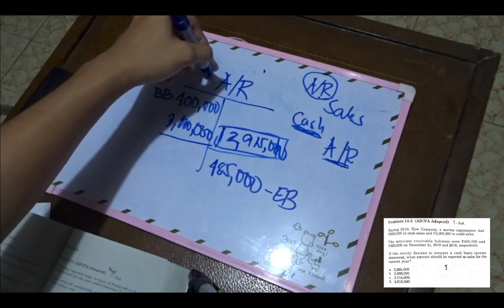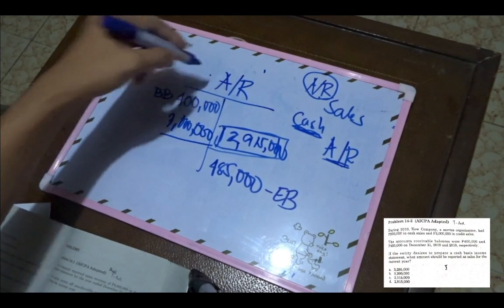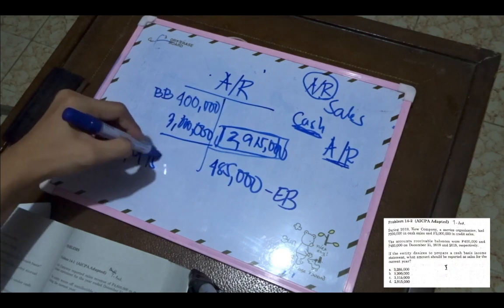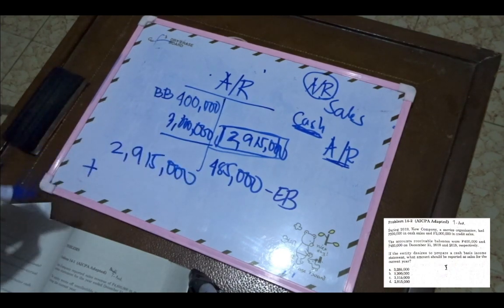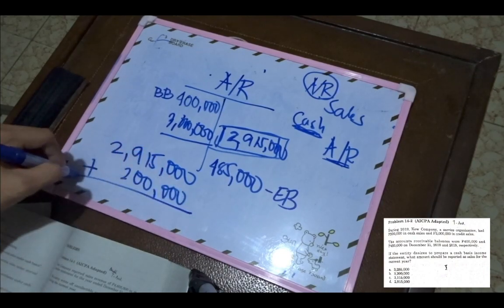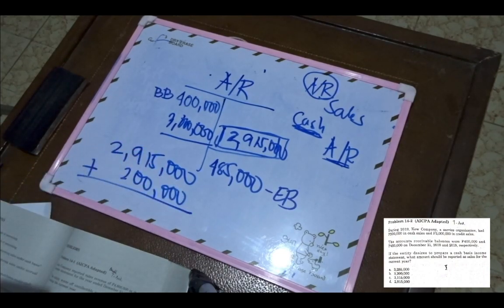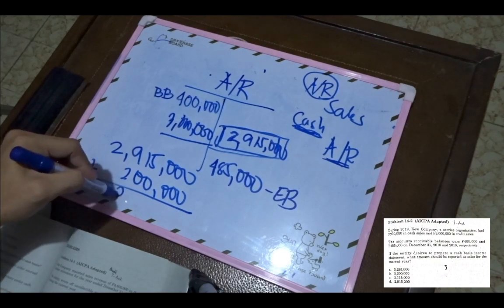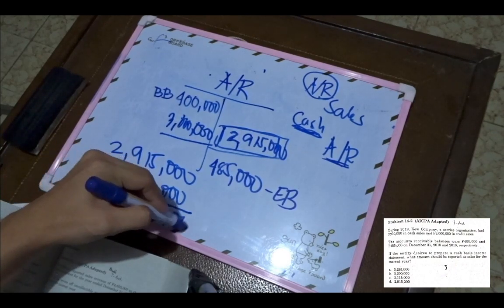But we will not stop there because the problem provides us a cash sales amounting to 200,000. So you add 200,000, you will get 3,115,000.